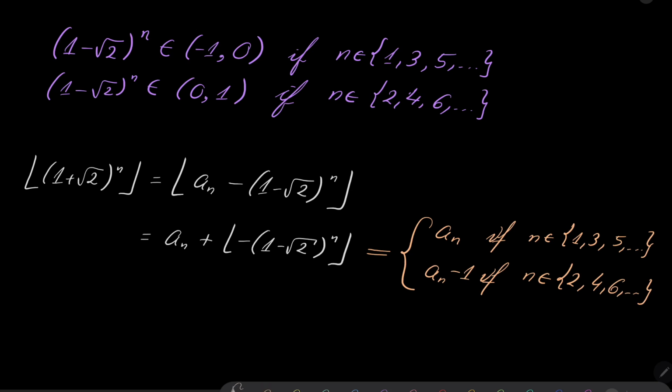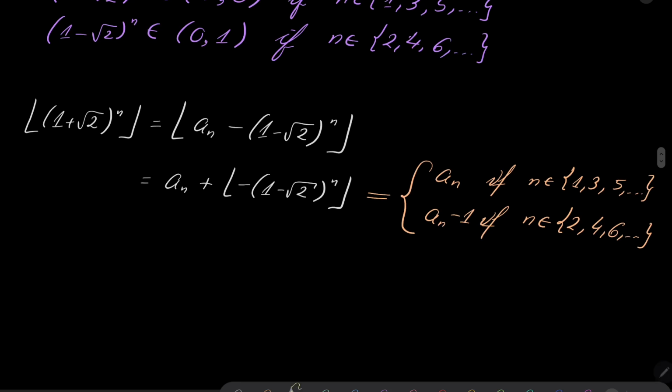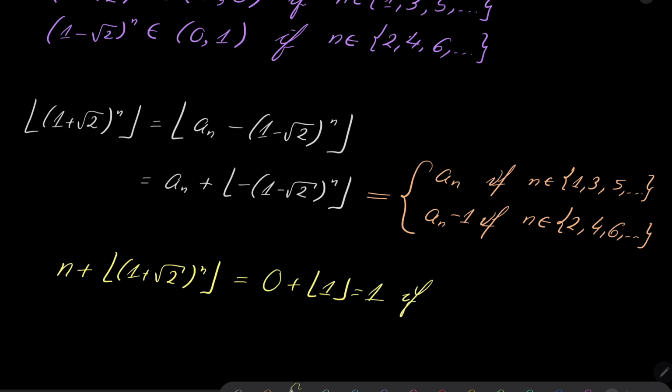And this allows us now to close our problem, because let's consider 3 cases. So we are considering n plus floor of this. Let's consider first when n equals 0. If n equals 0, then this all equals 0 plus floor of 1, which is 1.